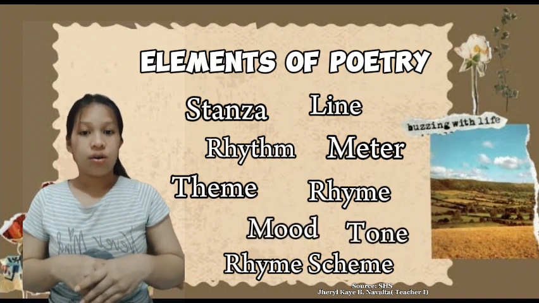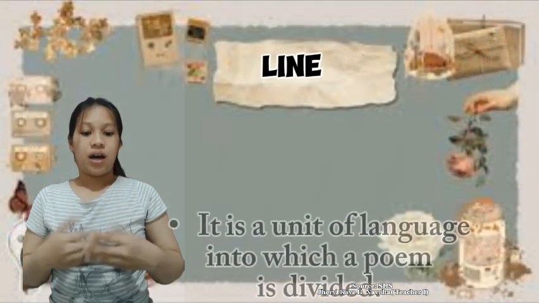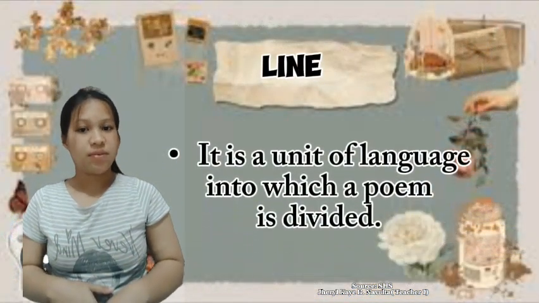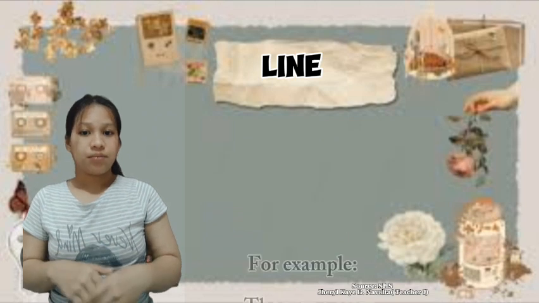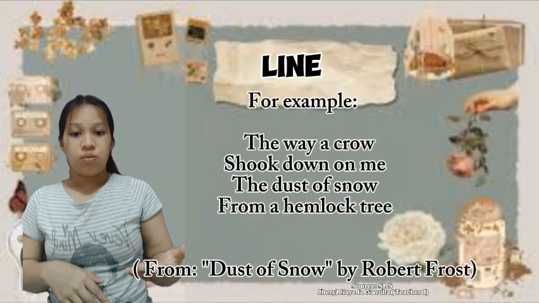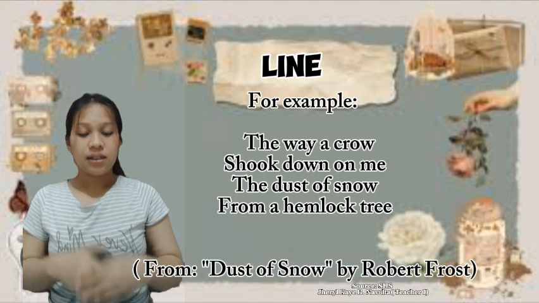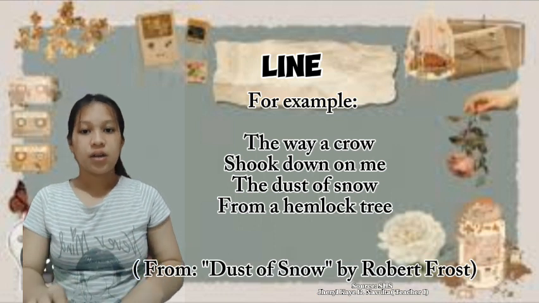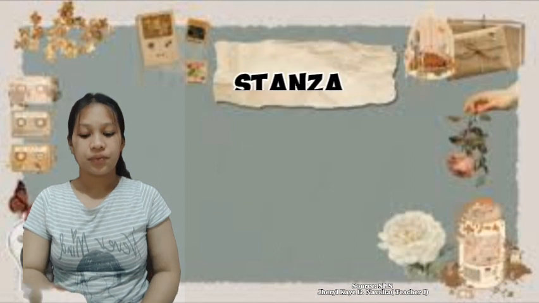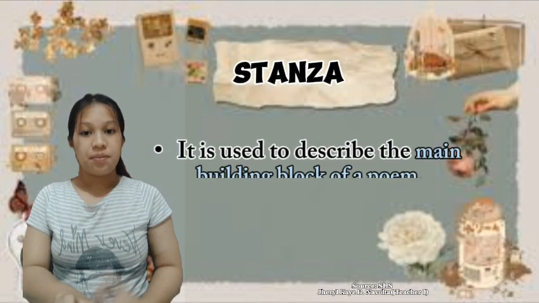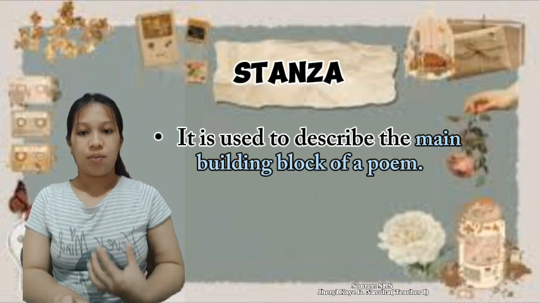Let us start with the first one, line. It is a unit of language into which a poem is divided. So for example, this poem has 4 lines. A group of lines make up a stanza. So what is a stanza? It is used to describe the main building block of a poem.